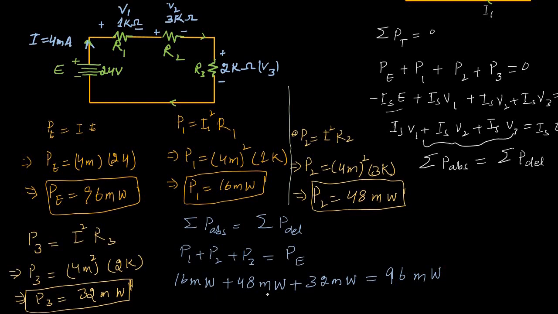So after calculating this, we get 96 milliwatt is equal to 96 milliwatt. So the power absorbed by the system is equal to the power delivered to the system, which obeys the law of conservation of energy.